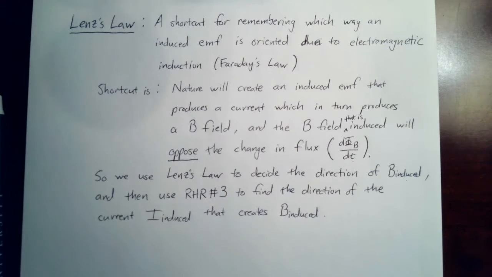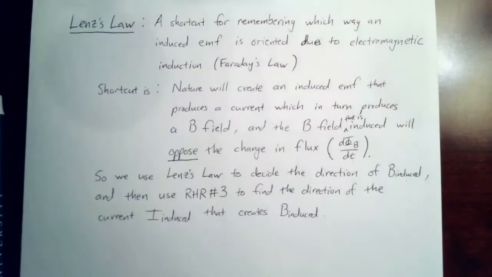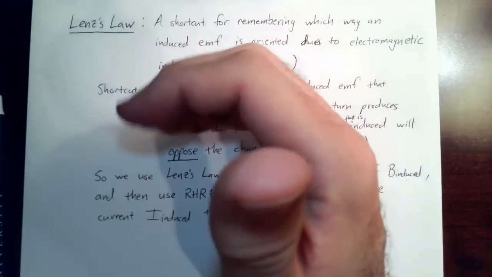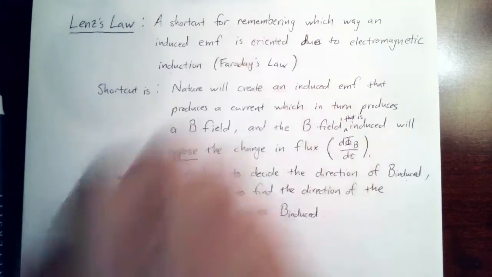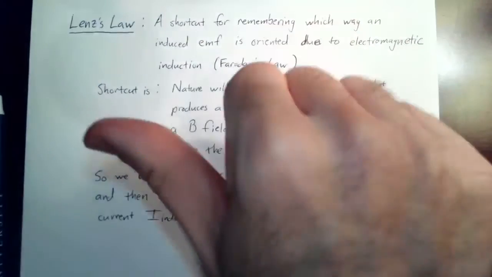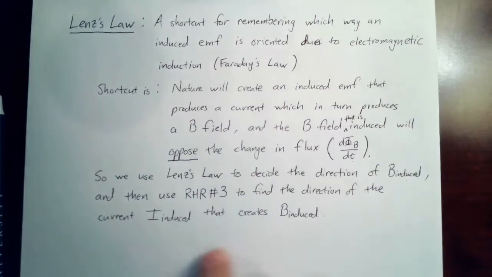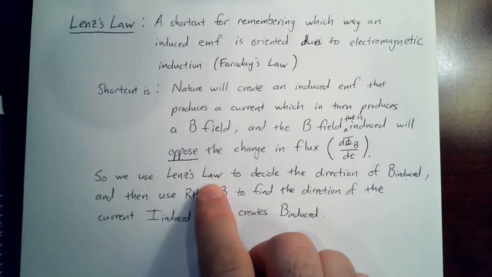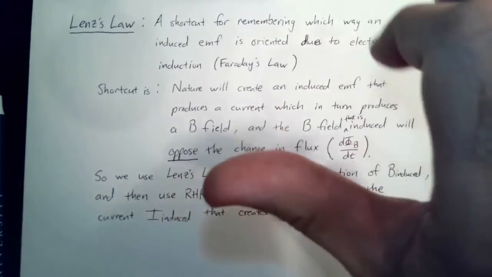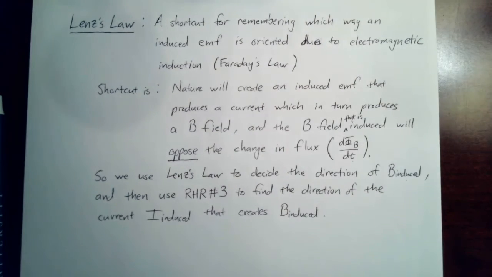If we decide the induced magnetic field is out of the page, I put my right thumb pointing out of the page, and my fingers tell me which way the current goes, whether into the page, to the left, to the right, and so on. Whichever way the induced magnetic field points, I use my thumb in that direction, and my fingers curl in the direction of the current.